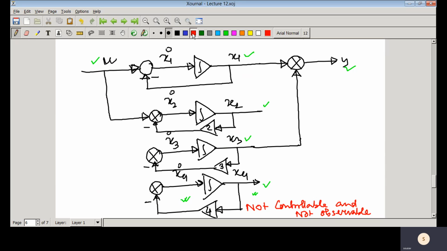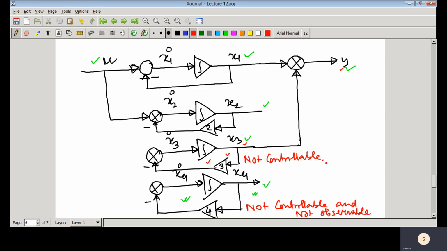But what happens for this particular state? You can see it is not connected to the control input, either directly or indirectly, so it is not controllable. But you can see this state is reflected at the output.